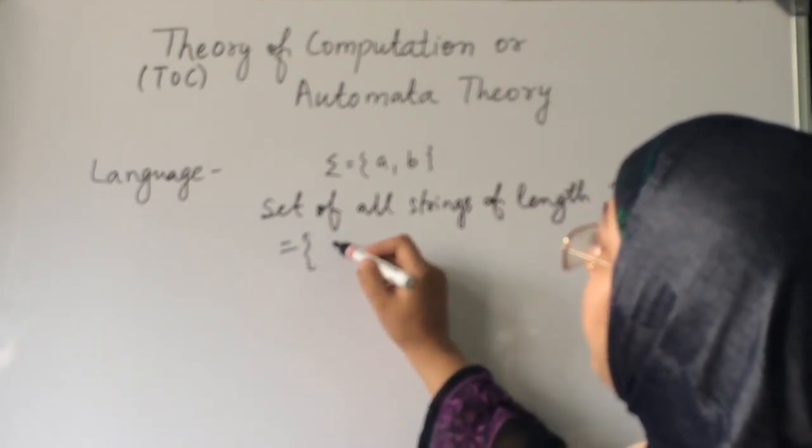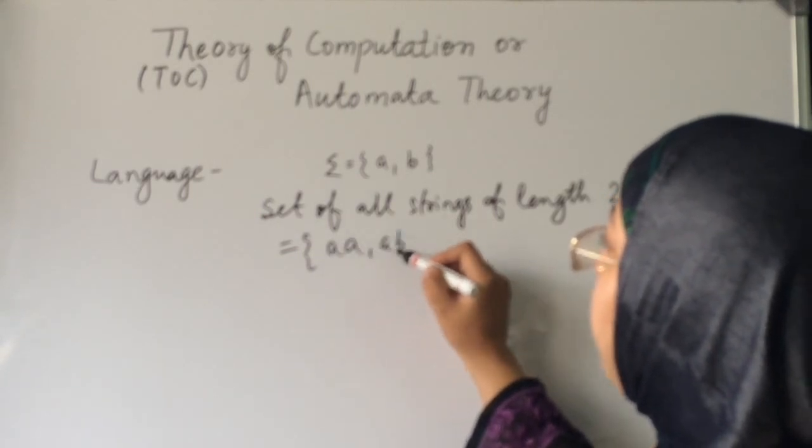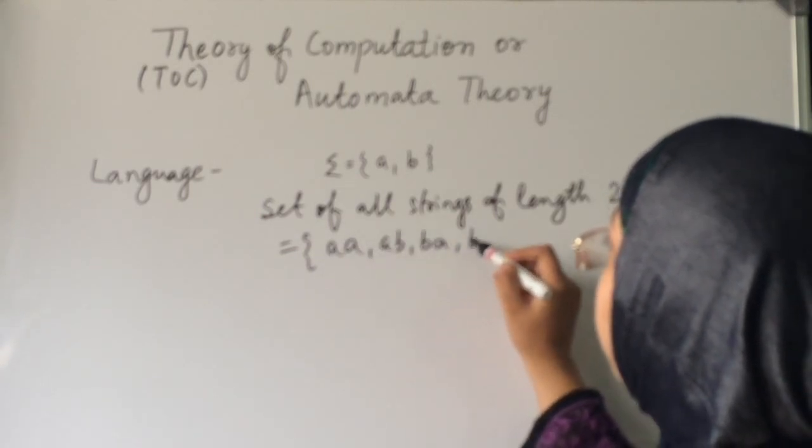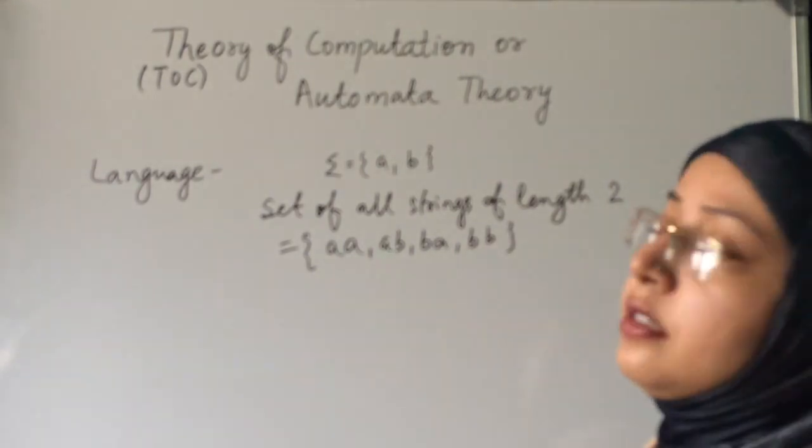Then what you will write? AA, AB, BA, BB.